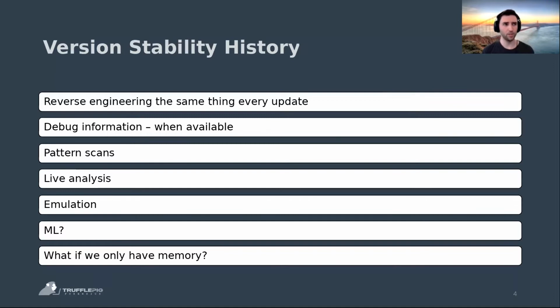Then you can also use, of course, live analysis, not just taking a look at the binary itself, but also doing it in live memory. Try to introduce known values in memory. As an example, the implementation in the Windows kernel for networking is completely undocumented. There is no debug information available.